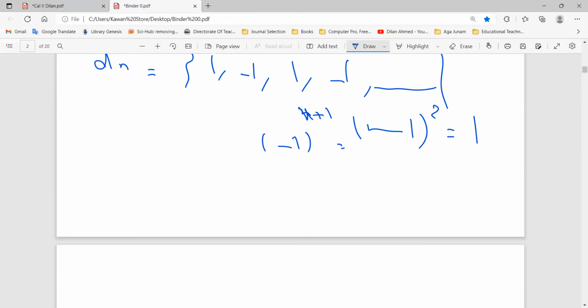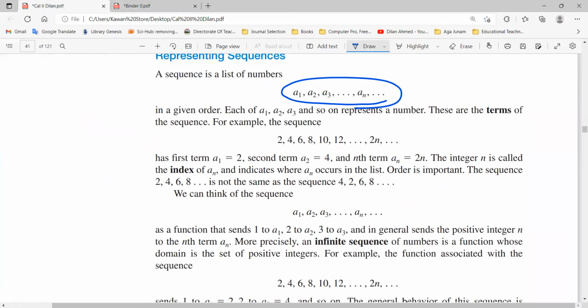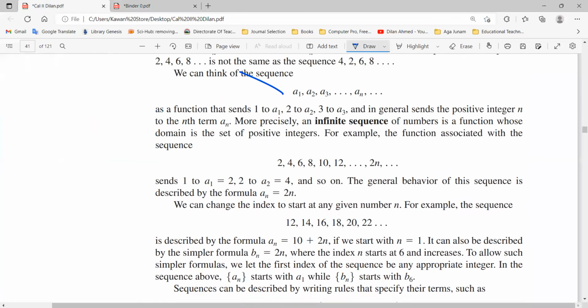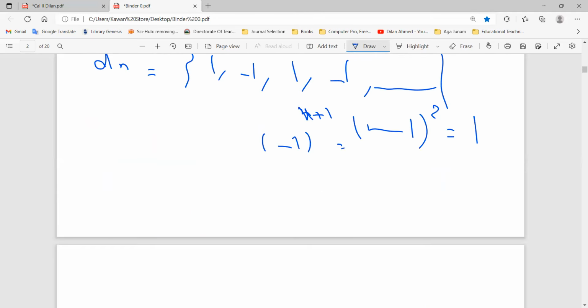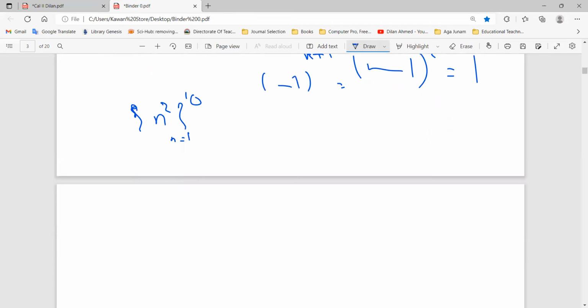Good. So now we have some examples like that. And the sequence can be finite. For example, I say n square, n from 1 to 10. How do we represent that one?